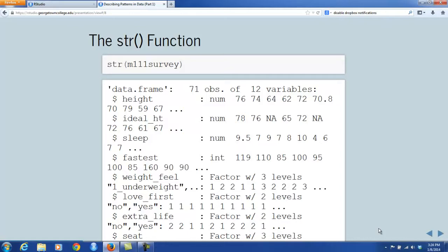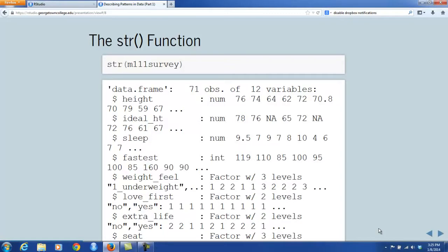First of all is the kind of object that it is. So for Math 111 survey, the kind of object that it is is a data frame, and you see that written at the beginning. The second major component of the structure of anything at all, really, is some account of the parts of the object and how those parts relate to each other.